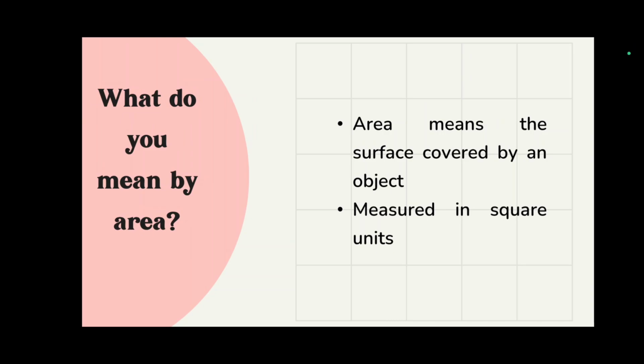If we shade the inside region of a shape, the shaded part is called its area. Also remember, the area of any shape is always measured in square units such as square centimeters, square meters and so on. So, once again, area means the space or surface covered by a shape and it is measured in square units.